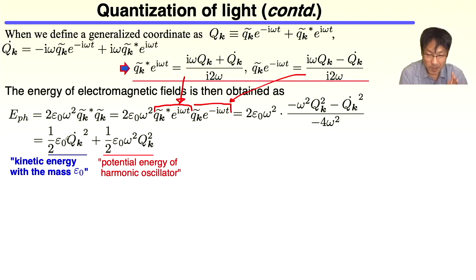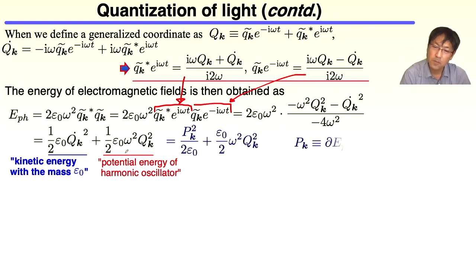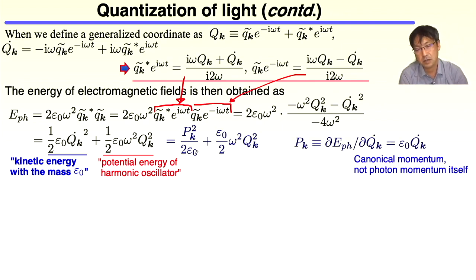When we regard epsilon 0 as a mass, this is equivalent to the harmonic oscillator of the mass of epsilon 0. We can quantize the energy of the light in the same manner as that of the harmonic oscillator.